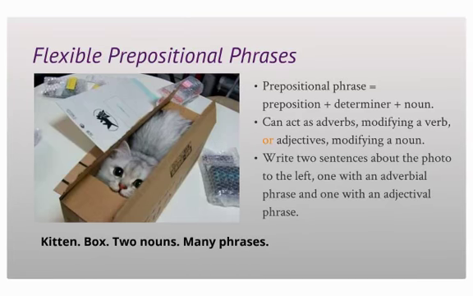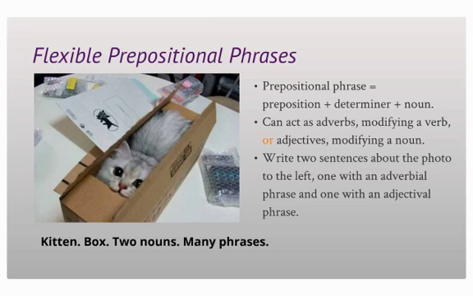While we're talking about things that we can move around, I want to review prepositional phrases. Prepositions are a structure class, and a prepositional phrase is a preposition plus a determiner plus a noun. The reason they're so flexible, they can act as adverbs or they can act as adjectives. Here's a picture. There's a kitten, there's a box.